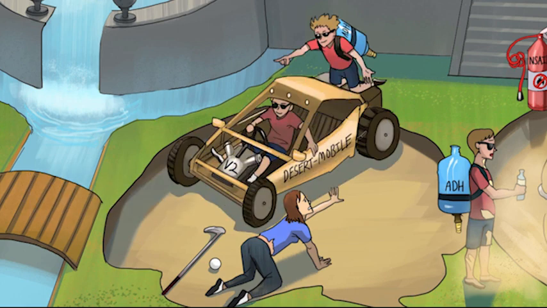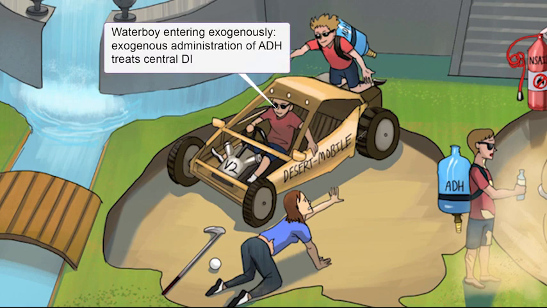Here we go. Some antidiuretic water boys to the rescue. If the pituitary isn't releasing ADH, you can administer ADH exogenously. Hence the antidiuretic water boy entering the scene exogenously coming to her aid.